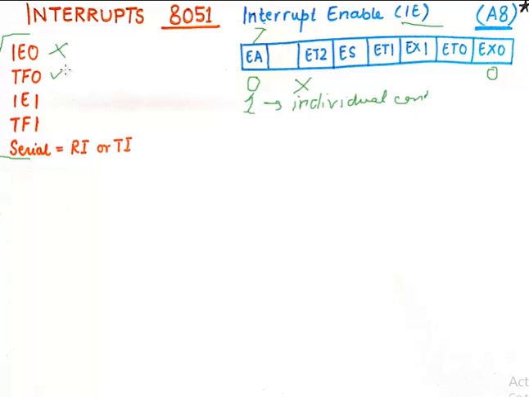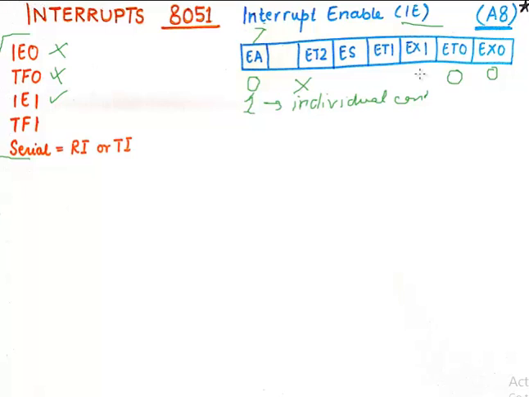So the highest priority interrupt becomes TF0. And if we turn TF0 off, make this as 0, then again this will be turned off and the highest priority interrupt becomes the external interrupt 1.